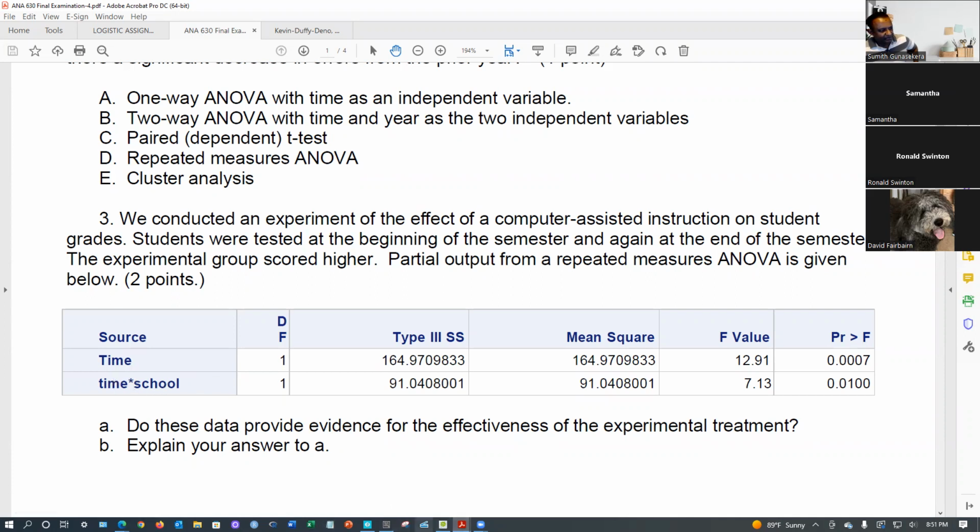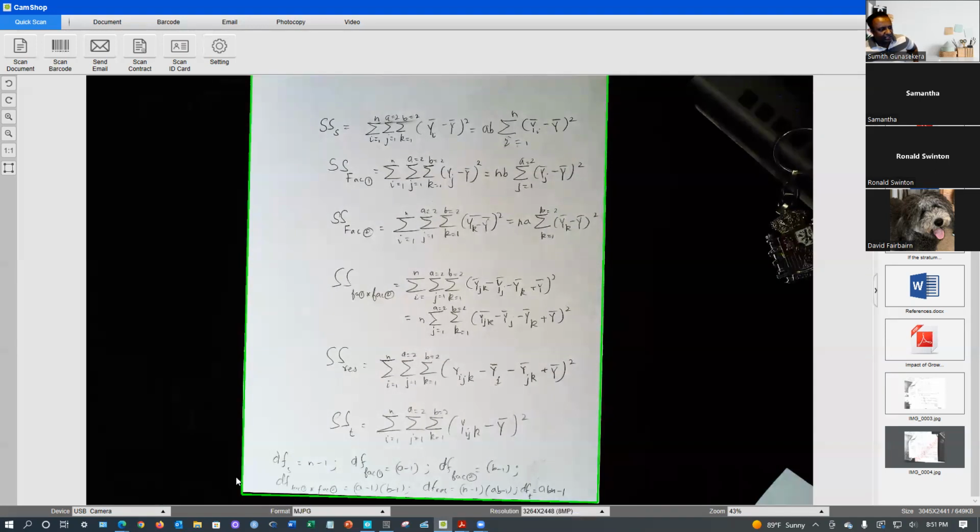That's all they show. The degrees of freedom are n minus 1 for subjects, a minus 1 for factor A, b minus 1 for factor B, a minus 1 times b minus 1 for the interaction, and so on for the error and total.